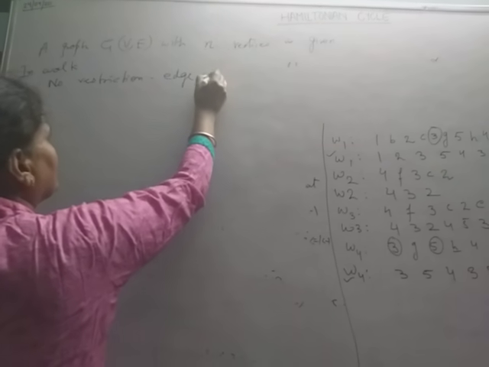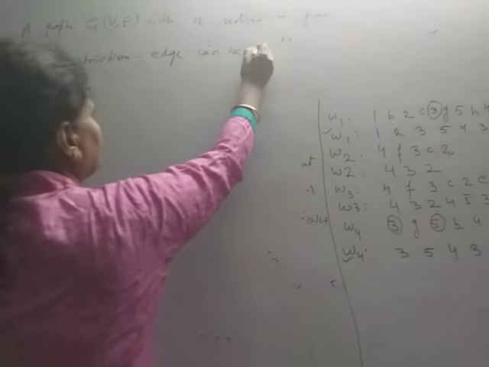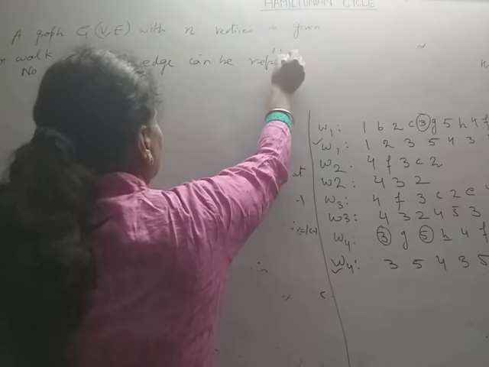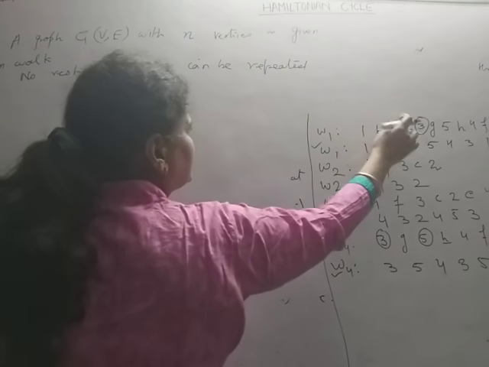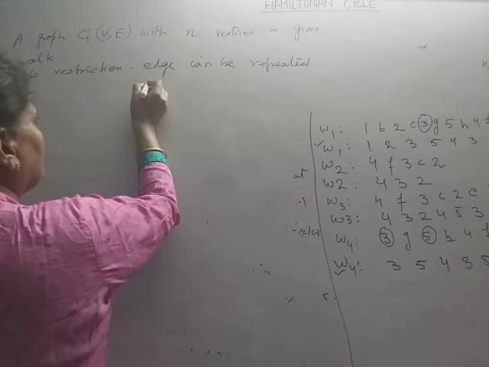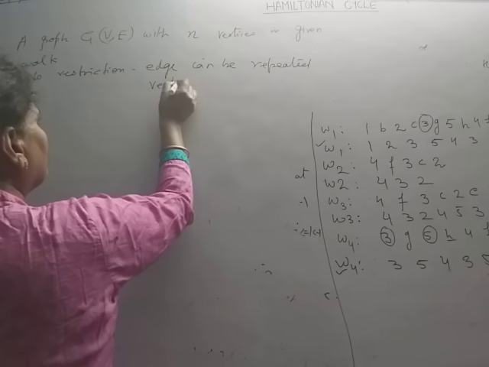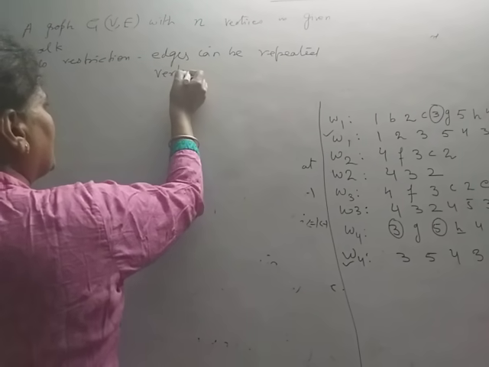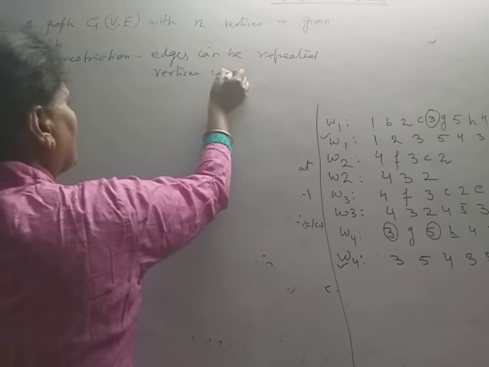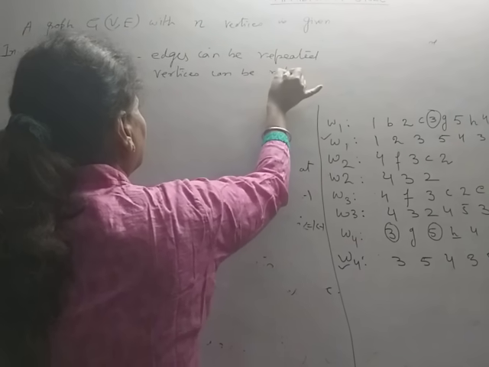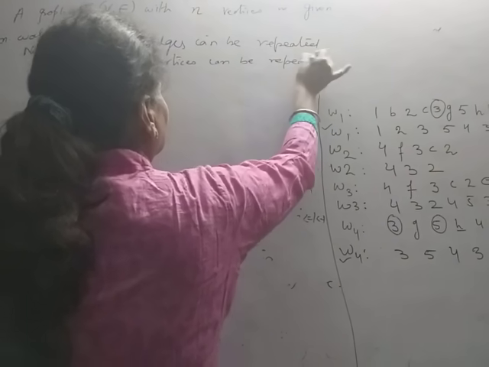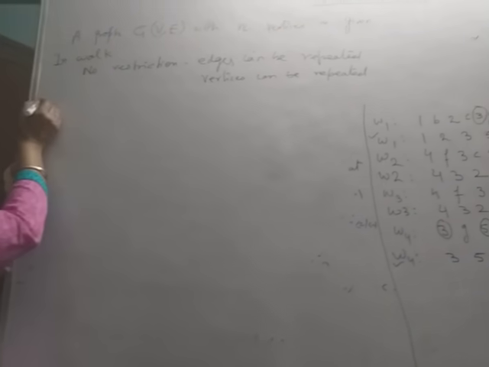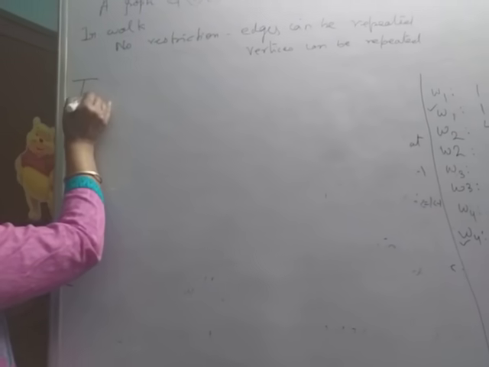Edge can be repeated. If we are representing walk in this way, edges can be repeated and vertices can be repeated. Okay, this is walk.